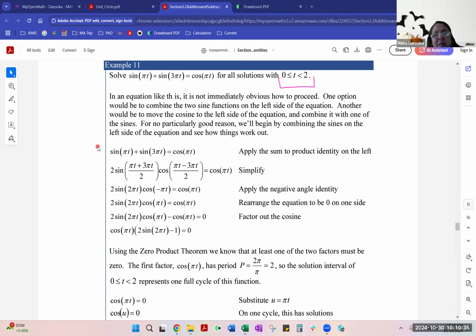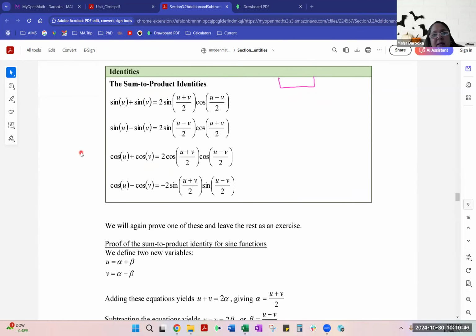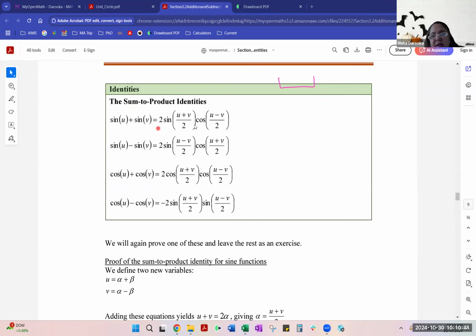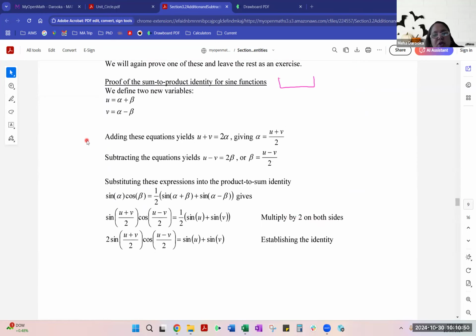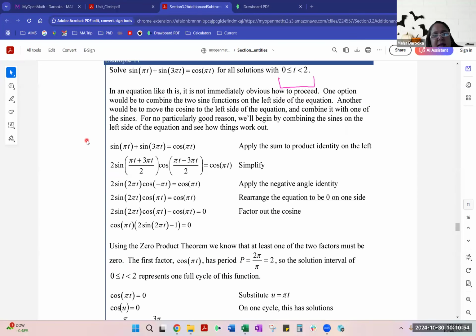So in this example, they are obviously starting by combining the left-hand side here, which of course will be, since you are adding two sine functions, we would obviously be using the sum to product identity here, which is that very first one on the top, right? So using that, we will go ahead and combine the left-hand side.